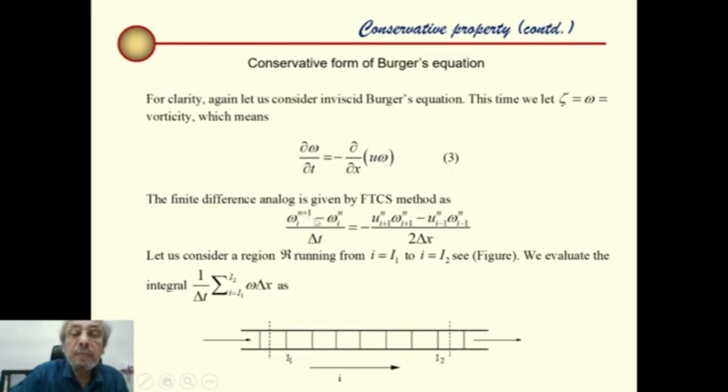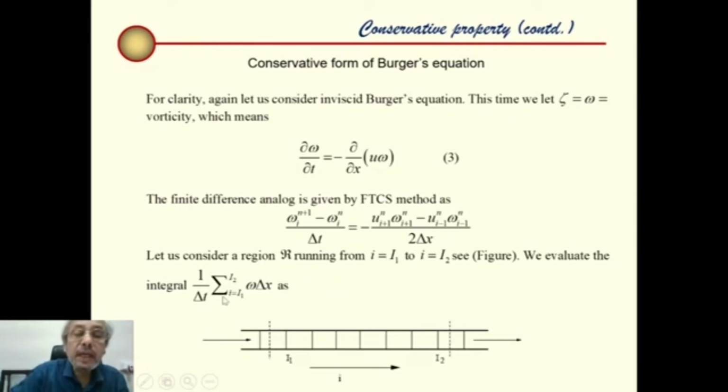So omega in plus 1 minus omega in by delta t is the left hand side, and right hand side, as we can see, we have written in central difference. And then we considered one-dimensional space as given in the figure, and we are running from I equal to I1 to I equal to I2.